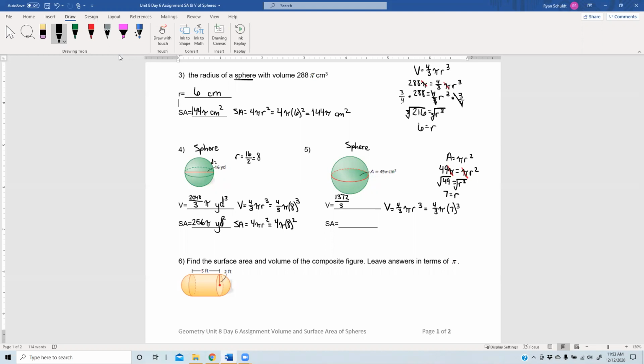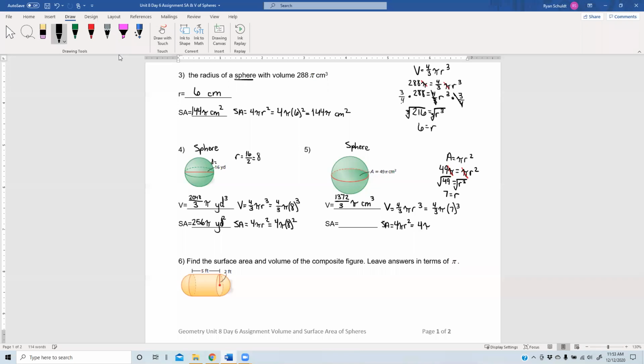1372 over 3. And then we're going to have pi centimeters cubed. Then we do total surface area. So 4 pi r squared.